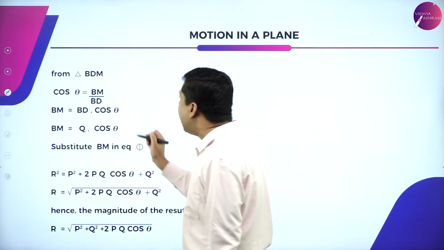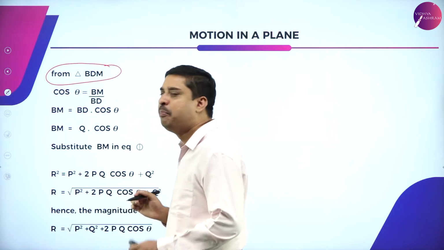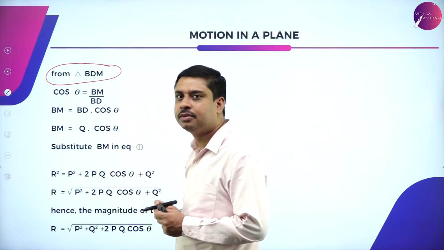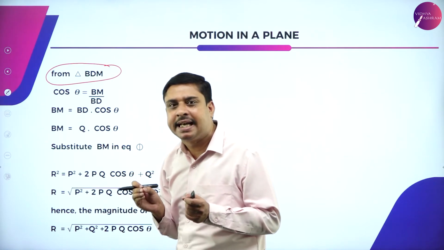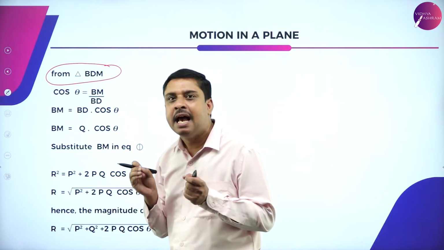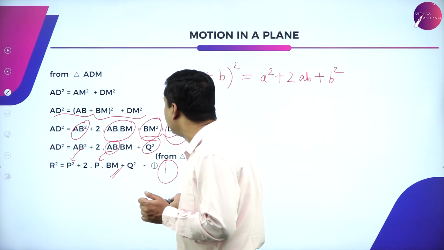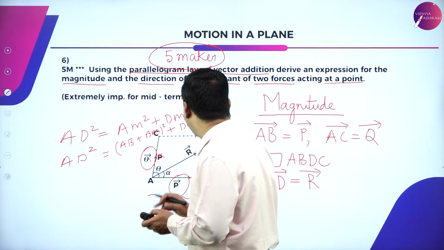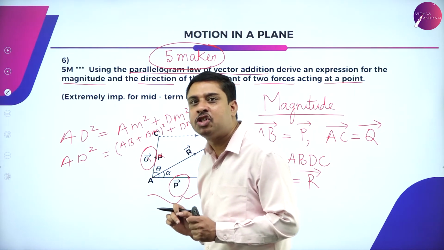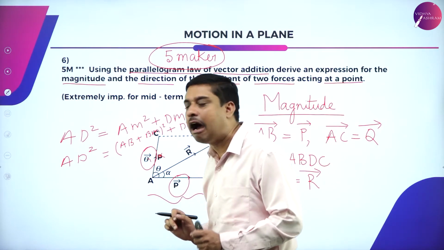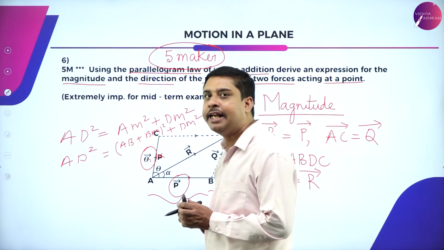So if you again consider triangle BDM, cos theta is basically defined as adjacent side by hypotenuse.